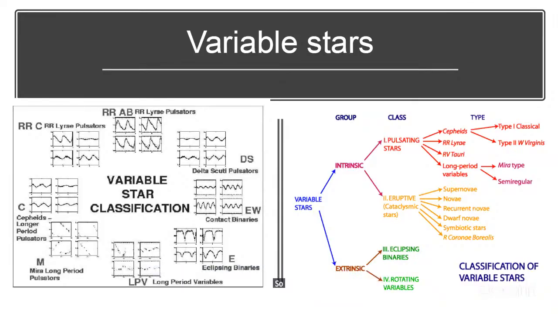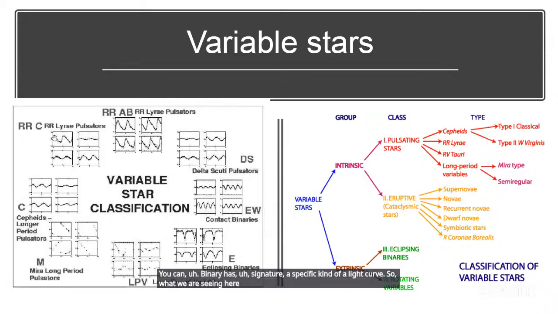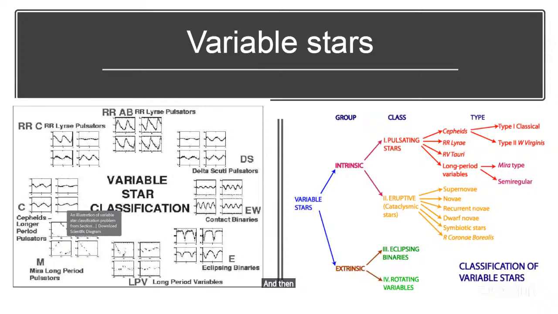Looking at the light curve shown on the left side, each variable has a signature, a typical kind of light curve. What we are seeing here is the variation of light. As the term suggests, the stars show variability. They become bright, then they lose their brightness and become faint, and then they rise up again, and so on.